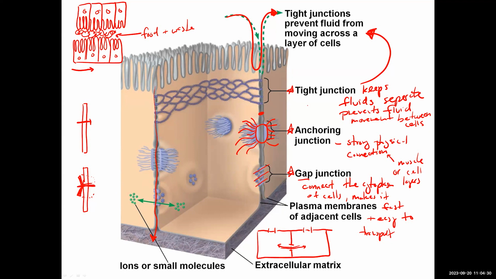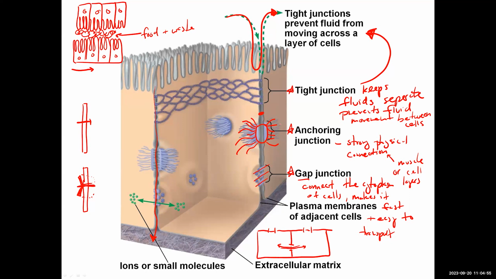So I'd like for you to know the three types of junctions: tight junctions, anchoring junctions, and gap junctions. All of them are junctions that are held together by proteins, but their purposes are different. Tight junctions create a barrier to fluid moving in between cells. This is important for keeping those fluids separate.